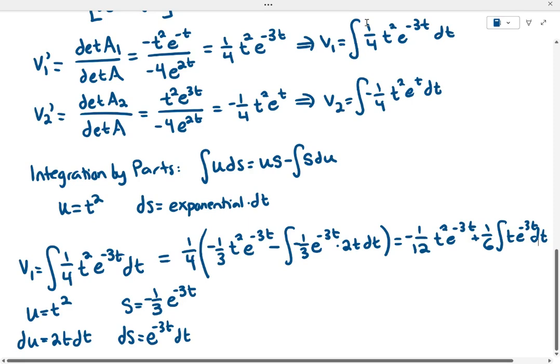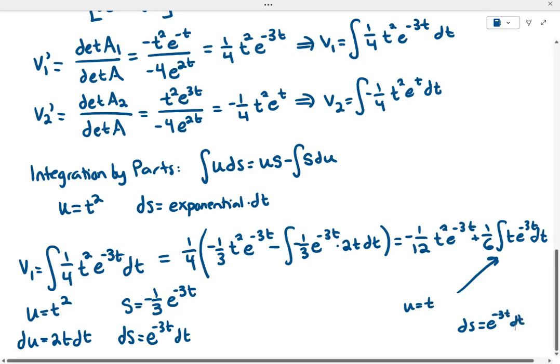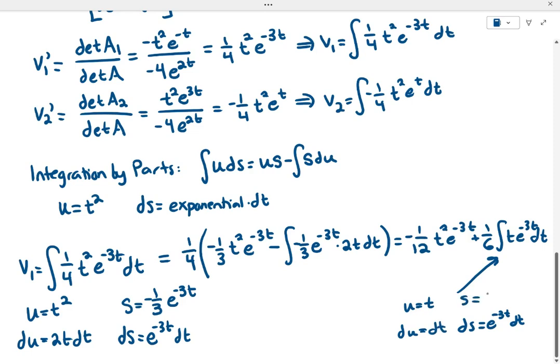I now need to use integration by parts again, so I'll use u equals t and ds equals e to the negative 3t dt. That means du equals dt and s equals negative 1/3 e to the negative 3t.